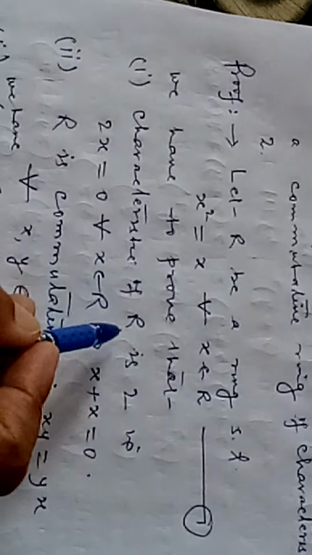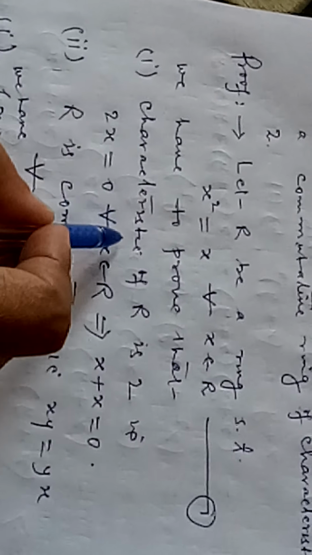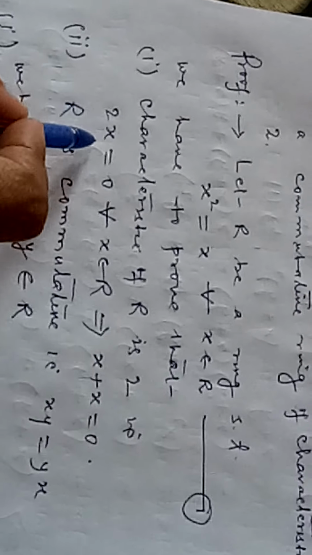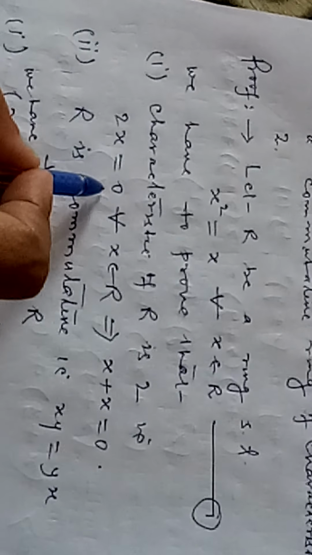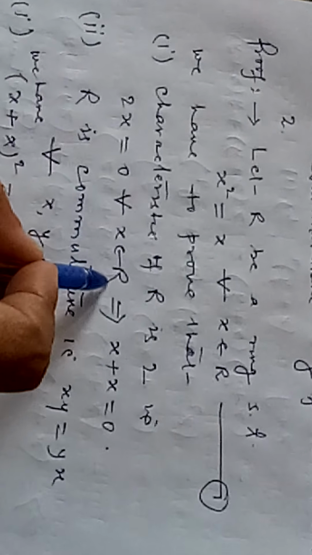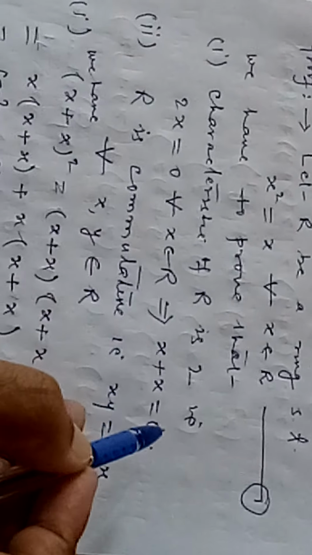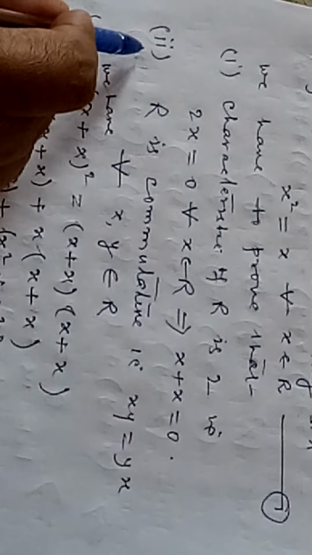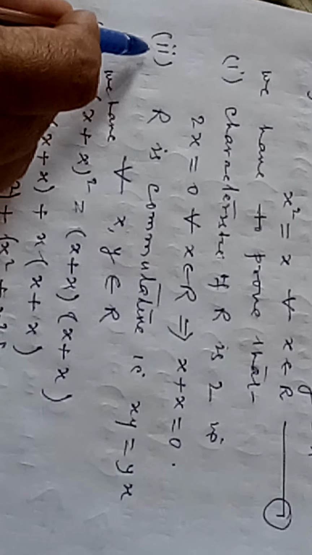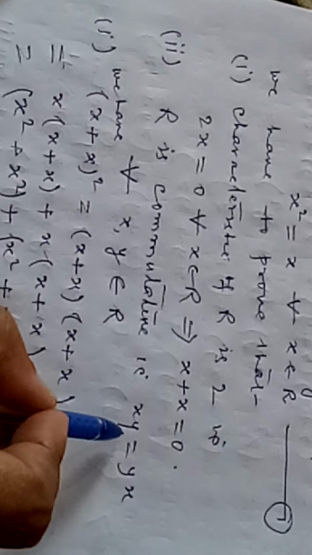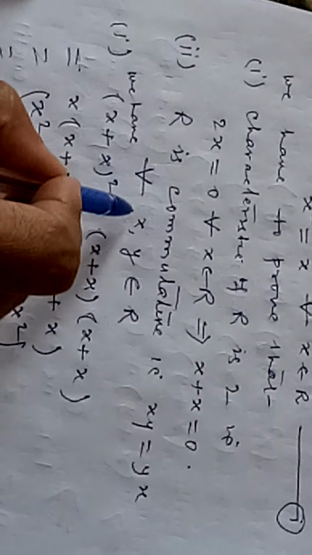We have to prove, number 1, the characteristic of R is 2, that is by definition 2x is equal to 0 for all x belonging to R, which implies x plus x is equal to 0. Number 2, we have to prove R is commutative, that is x·y is equal to y·x for all x, y belonging to R.